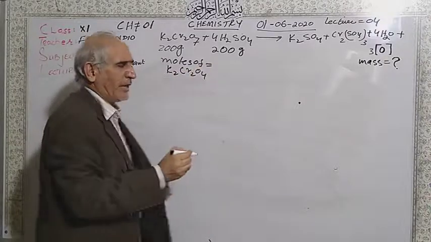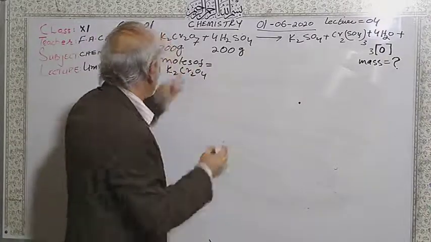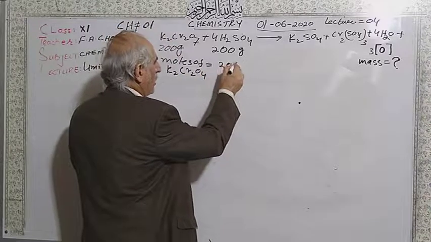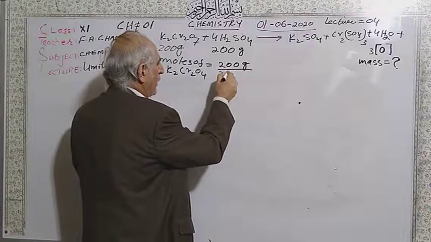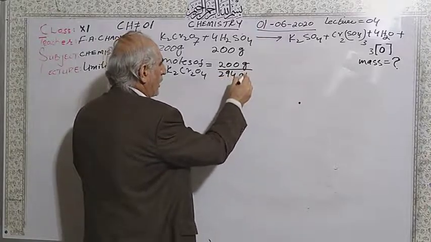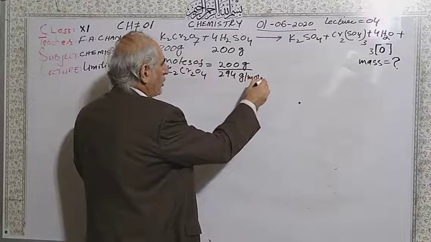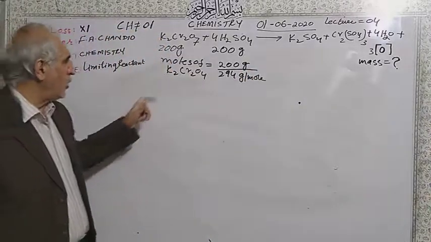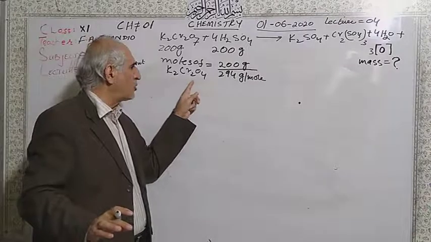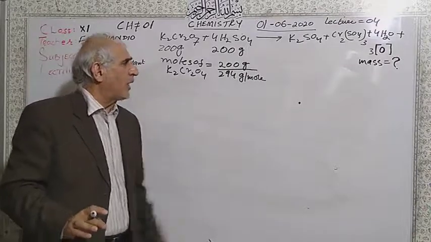The formula is mass in grams divided by molar mass, 294 grams per mole. Already I told you how to calculate the molar mass. Formula mass, this is the ionic compound, potassium 39, chromium 52, oxygen 16, add them up and calculate.